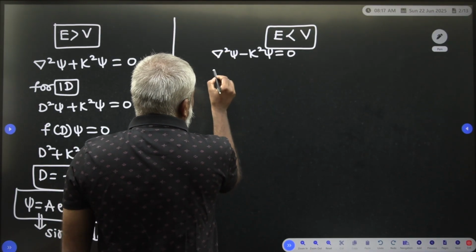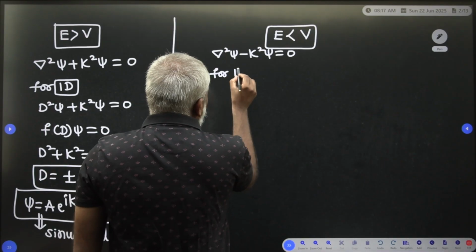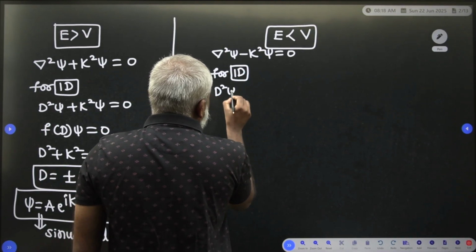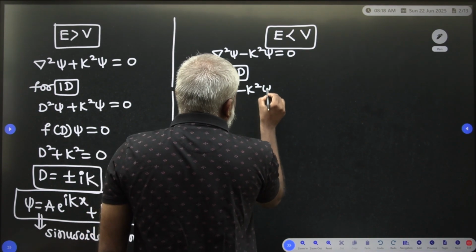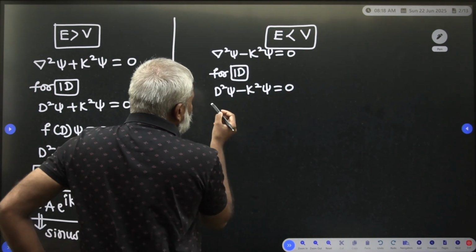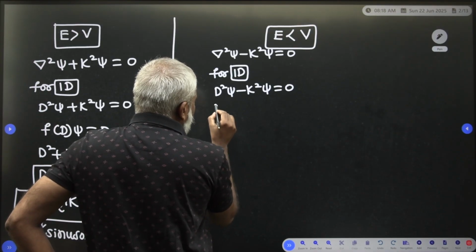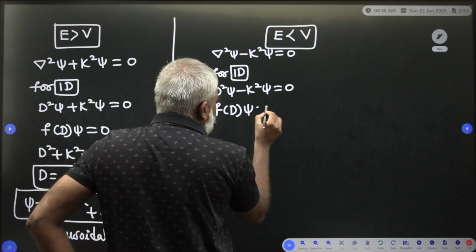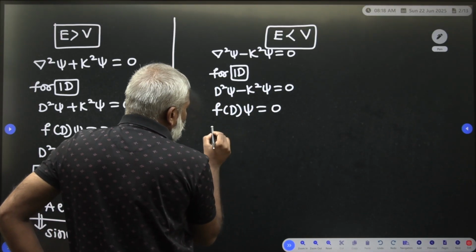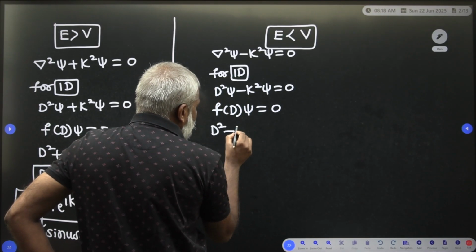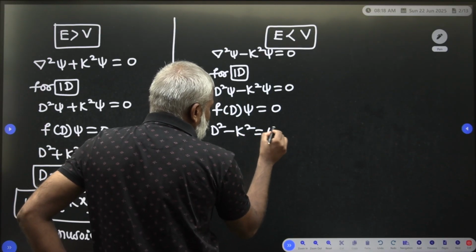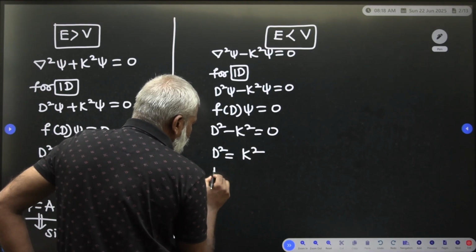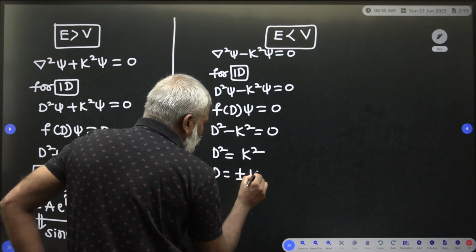For one dimensional, for 1D, we have to write d square psi minus k square psi is equal to 0. So d square, f of d into psi is equal to 0. f of d is equal to d square minus k square is equal to 0, d square is equal to k square, d is equal to plus or minus k.